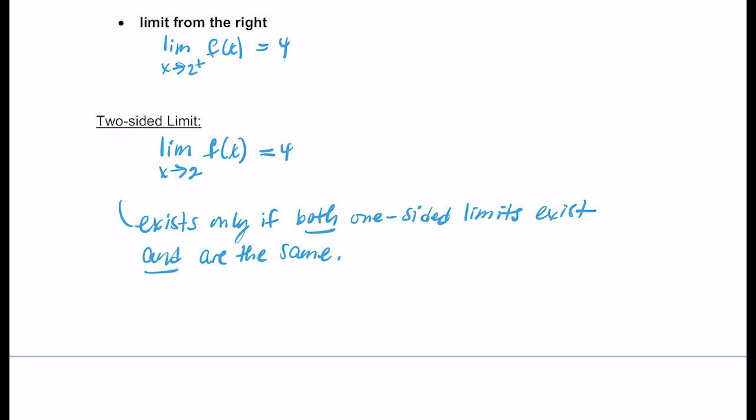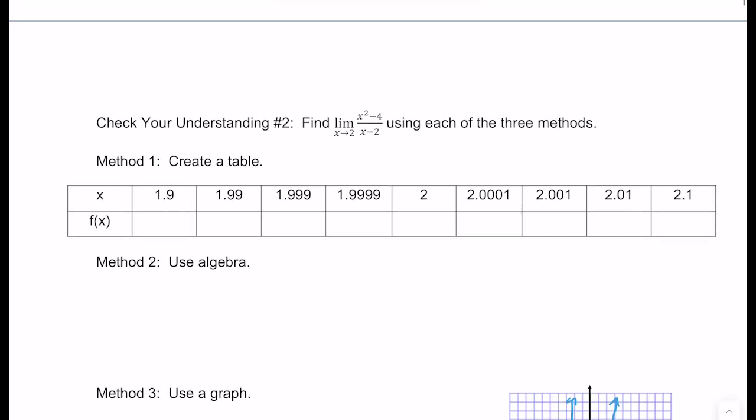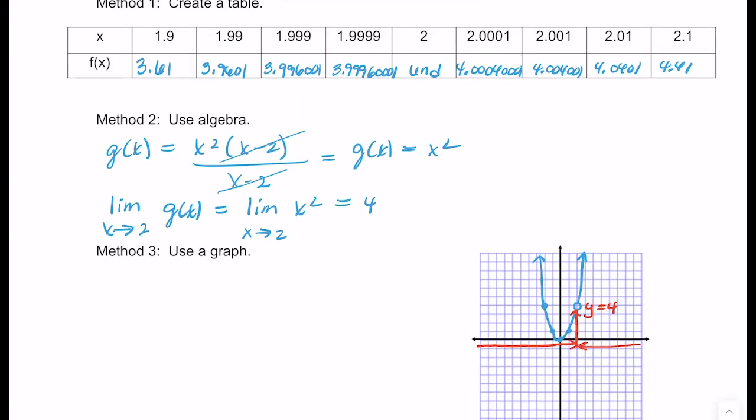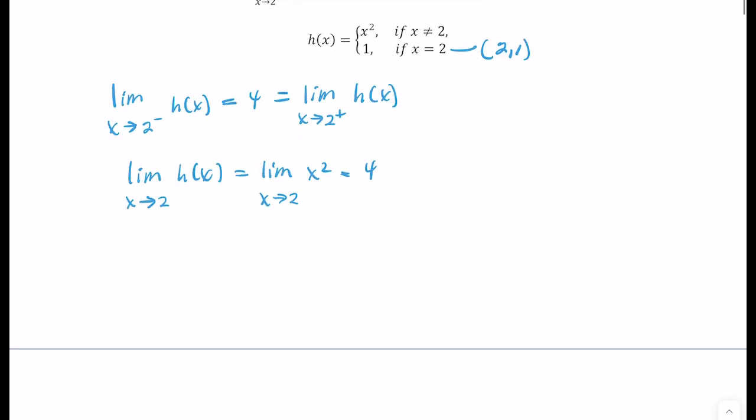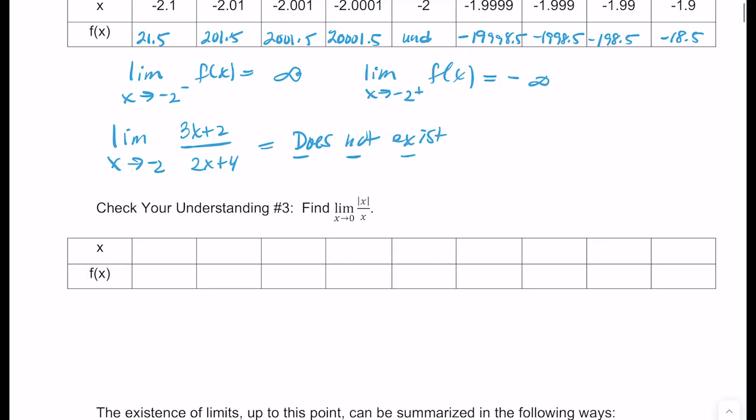Both one-sided limits must exist, which they do, and must be the same, and they're not the same. So therefore, the limit does not exist. And you can write DNE for does not exist. That's an abbreviation for that, okay, since the limits are not equal.